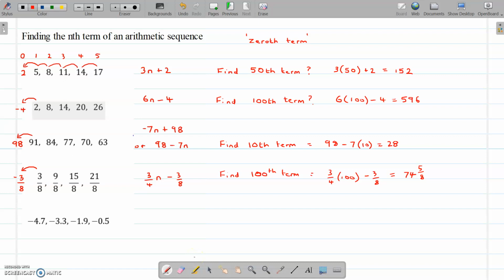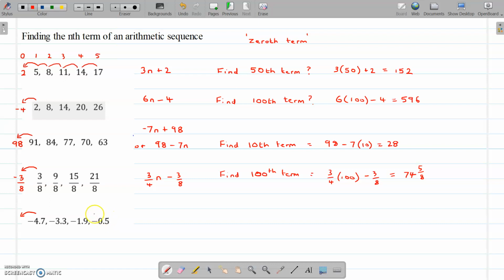And last of all, we have another sequence which is ascending, but it starts at negative numbers and they're decimals. That doesn't matter. The same thing applies. I notice that it's going up by 1.4. It's easier to see when you go down.